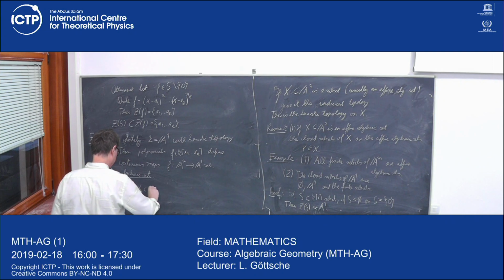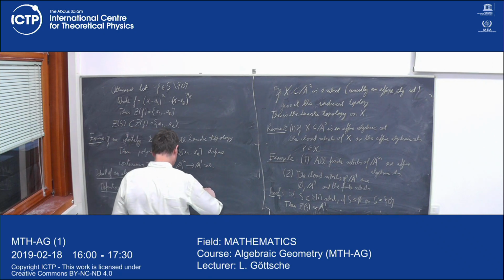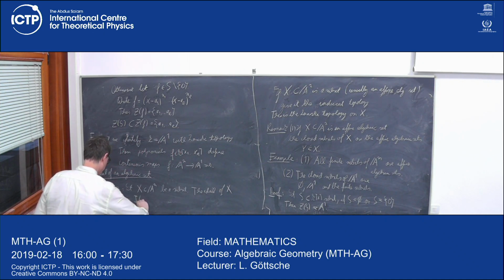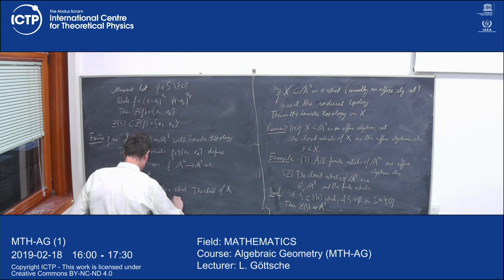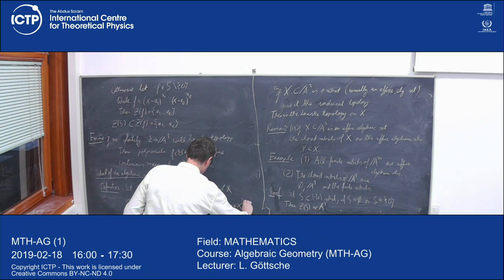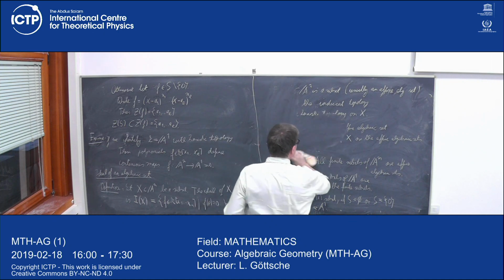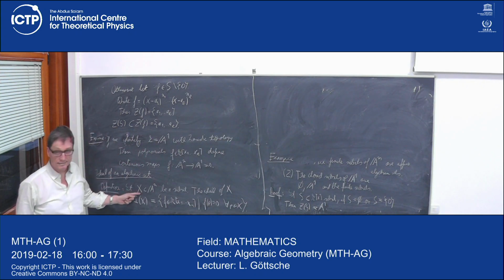If X in An is a subset, the ideal of X, denoted I(X), is just the set of all f in K[x1, ..., xn] which vanish on the whole of X, so f(p) is equal to 0 for all p in X. In particular, we will mostly be interested in the case that X is itself an affine algebraic set.